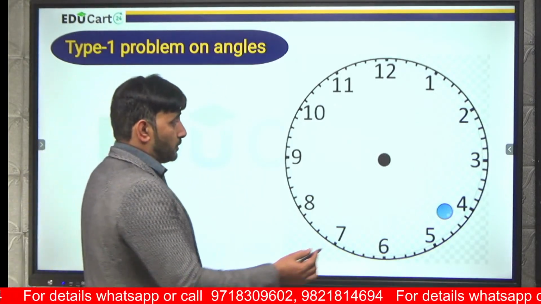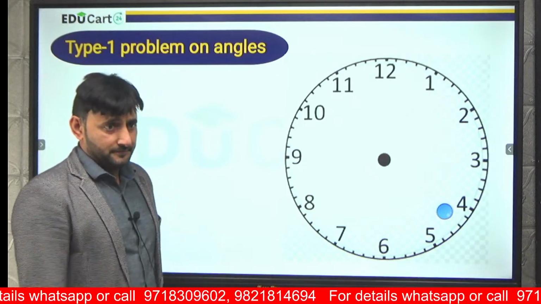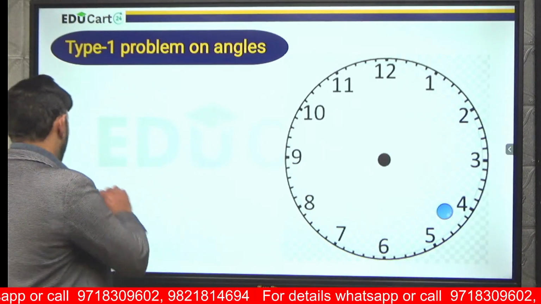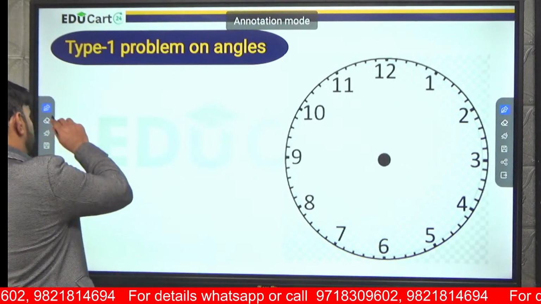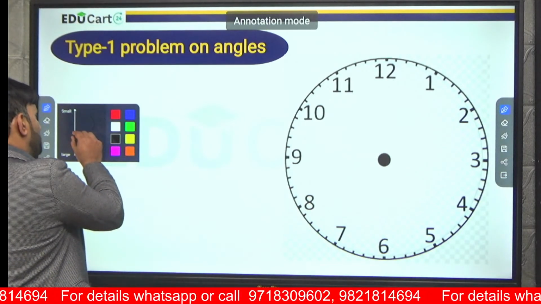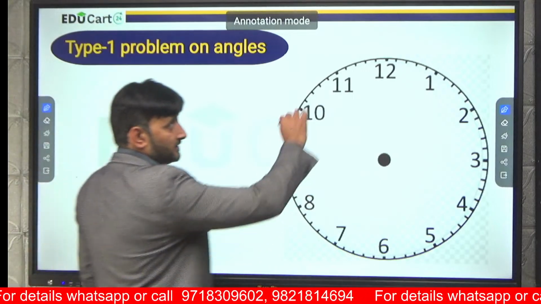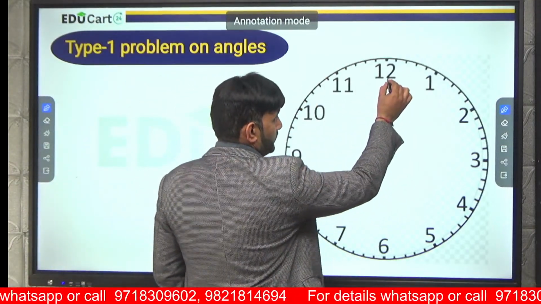Hanji, what is the total angle in a circle? 360 degree. And this 360 degree is divided into 12 equal parts.